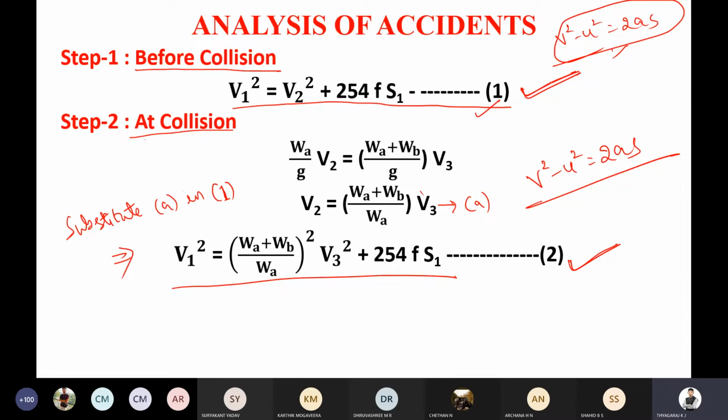So simply remember the formulas, the equation 1, equation 2, and I am going to show the equation 3. If you remember those formulas, it will be enough. Kindly inform me when it is completed so that we will go for solution.